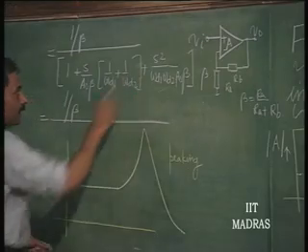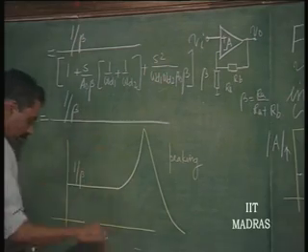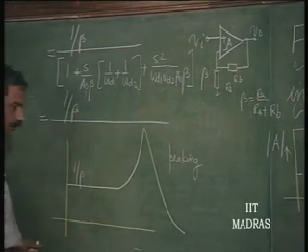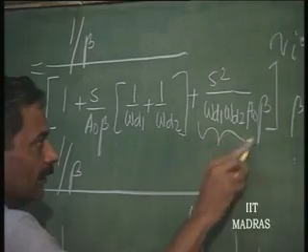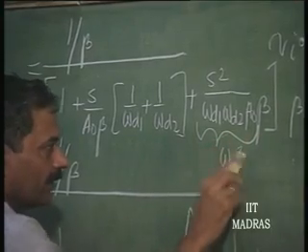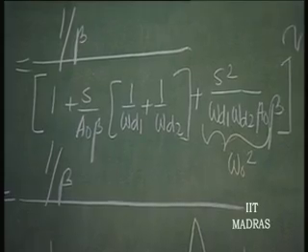Now, this can be rewritten in normalized frequency, because it is already normalized. The whole thing now becomes the natural frequency omega naught squared, just like in the case of a filter, right.